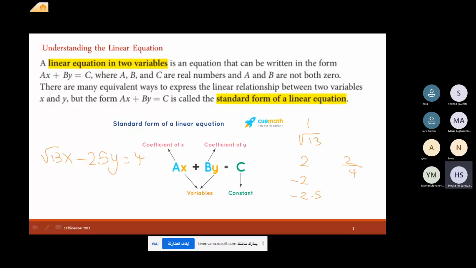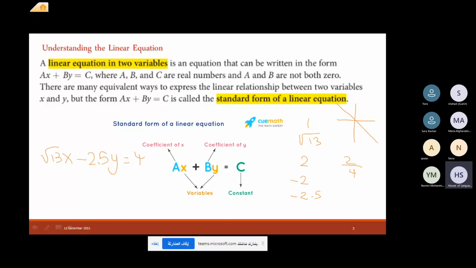It does not come like a U. The quadratic is a U. The absolute value comes like a V. Later on, we'll talk about it. But the linear, from its name, when you graph it in the XY coordinate, it comes like a line. That's why I say linear, because its graph is a line.